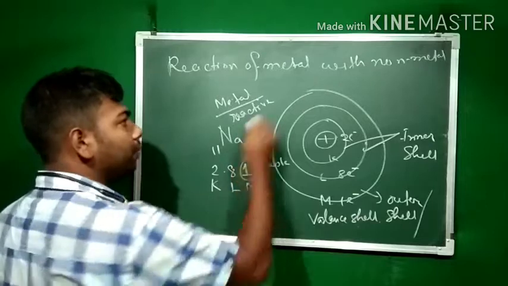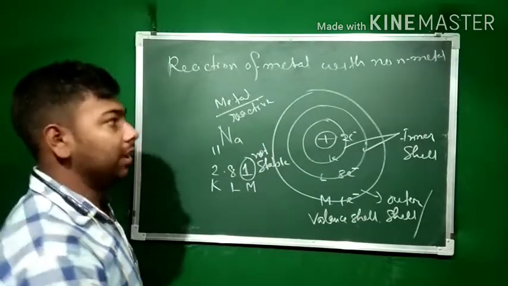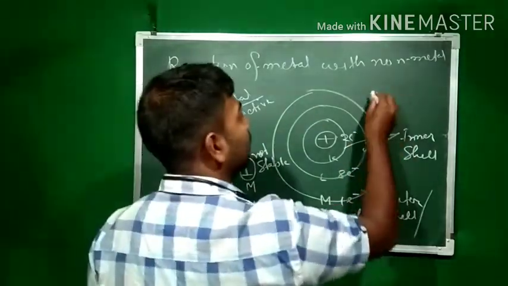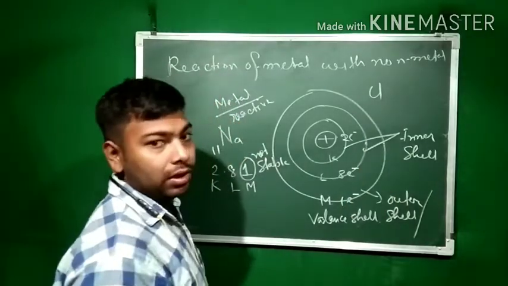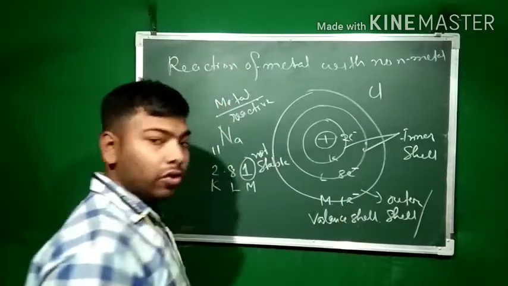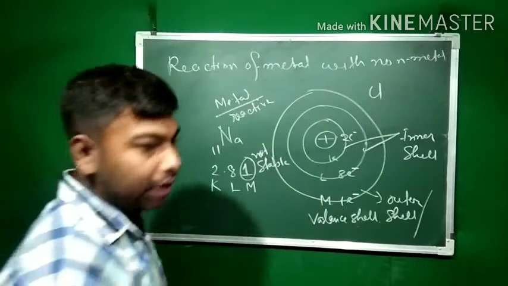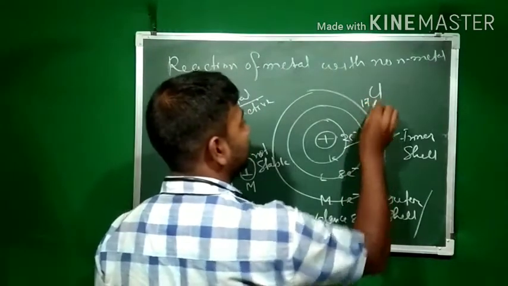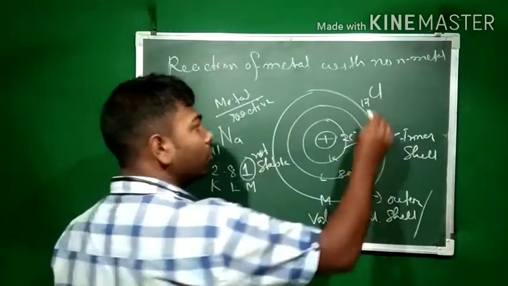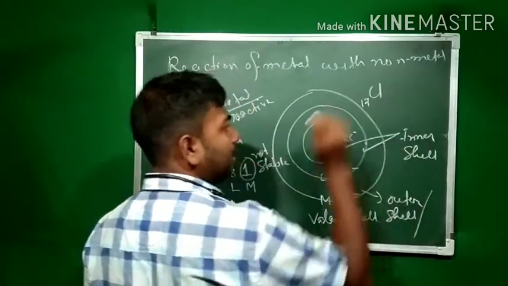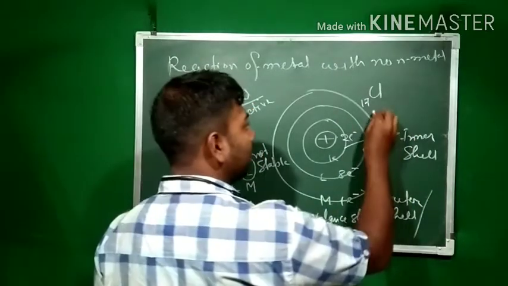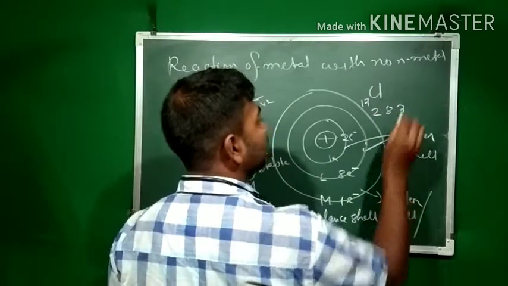Now what happens with the non-metal? Let's see an example. Suppose here is chlorine, a non-metal. Its atomic number is 17. If you want to write its electronic configuration, it would be 2, 8, 7.